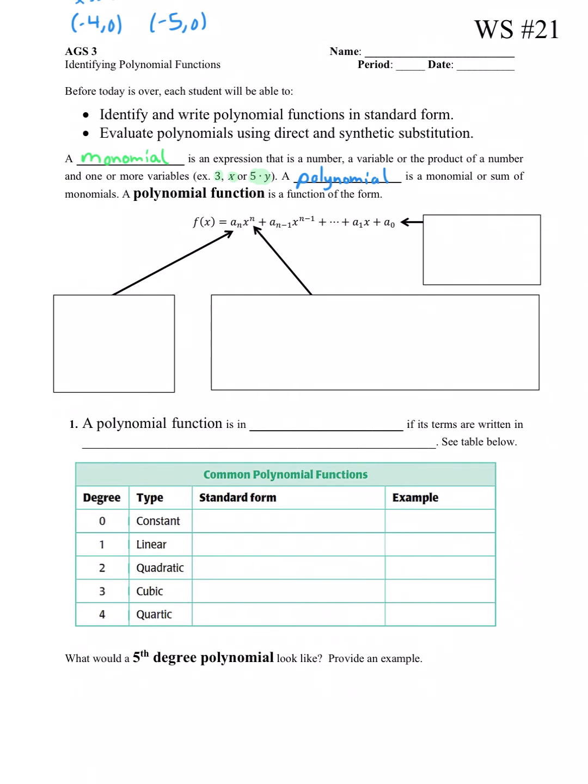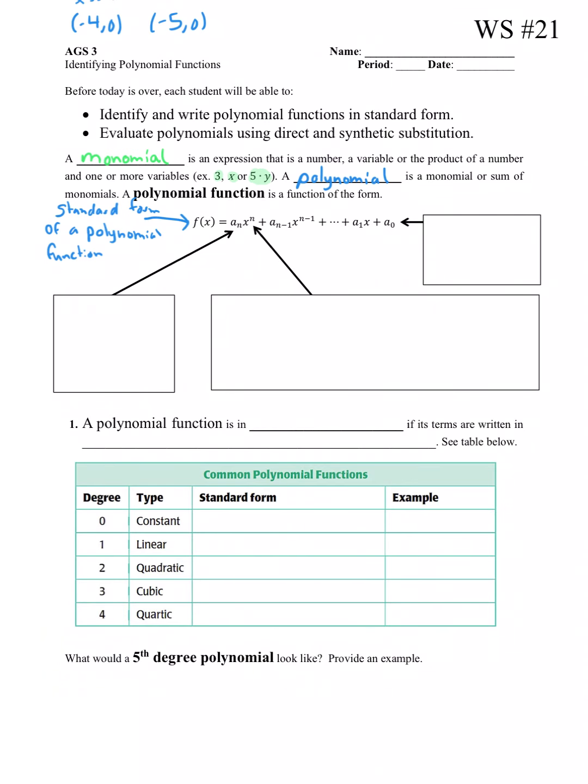So a polynomial function is going to be typically in this form, and this is what's considered standard form of a polynomial function. And it looks really intimidating because of the way it's written right now, but once we break it down, hopefully it won't be that bad.